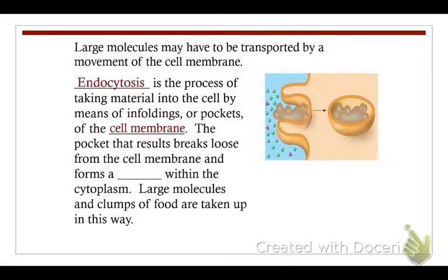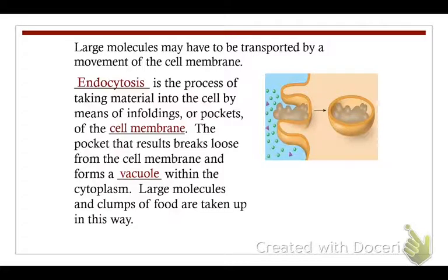The pocket that results breaks loose from the membrane and forms a vacuole within the cytoplasm. Large molecules and clumps of food are taken up this way. It just surrounds it and it's like, nope, you're mine now. And now it's inside the cell.